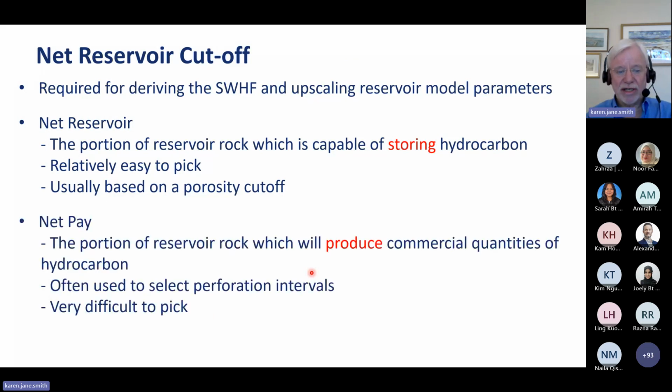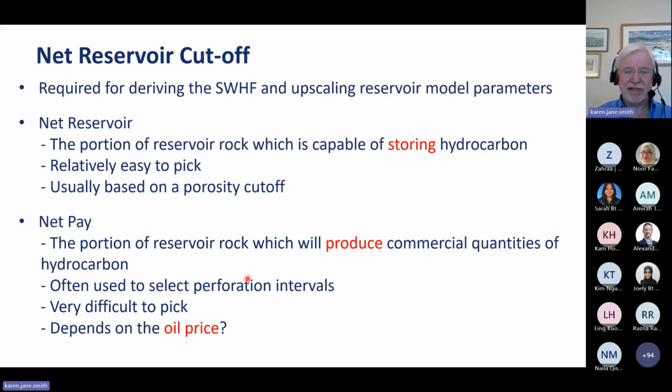Now, I want to contrast this with net pay. Some people think of net pay, which is the proportion of rock which can produce commercial quantities of hydrocarbon. This is the definition at the SPWLA website. Now, this net pay is often used to select perforation intervals, and therefore it's quite valuable, but it's very difficult to pick.